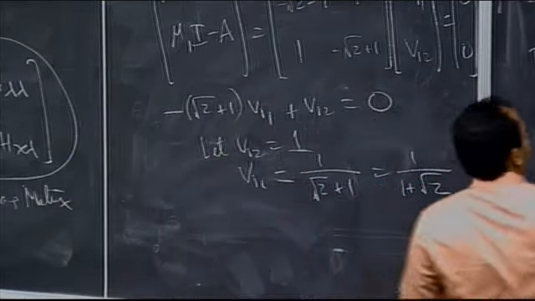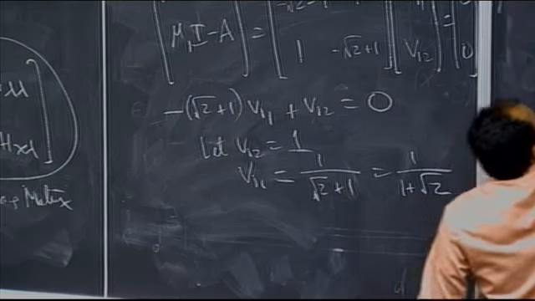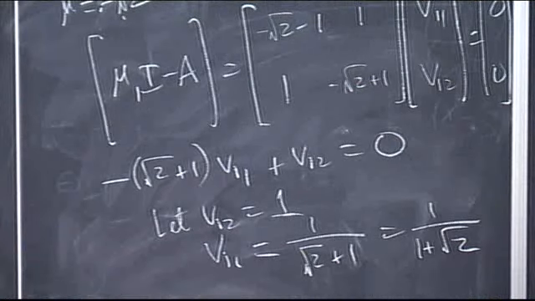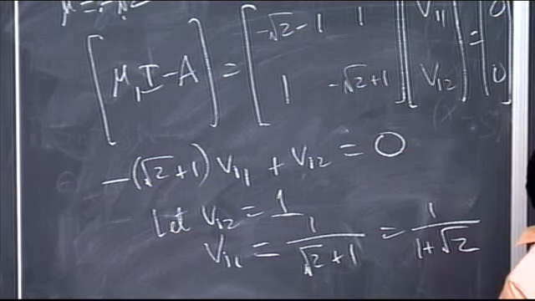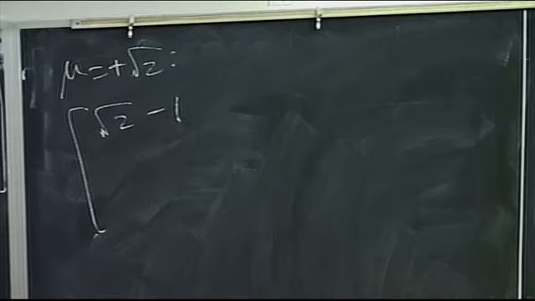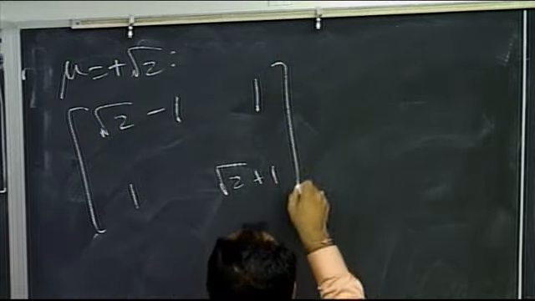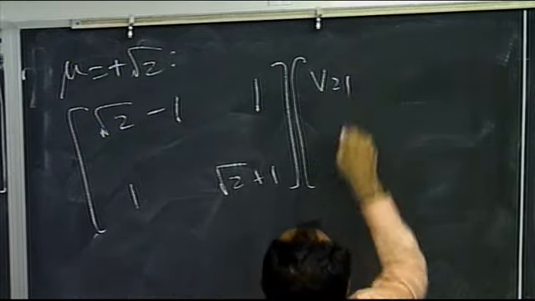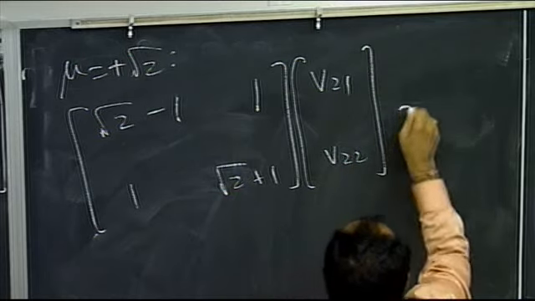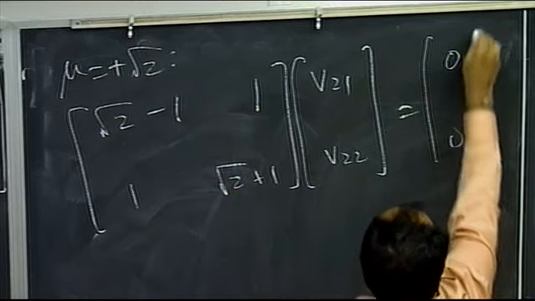What about the second eigenvector? Mu equals plus the square root of 2 gives me the square root of 2 minus 1, 1, 1, and the square root of 2 plus 1 times v21, v22 has to equal 0, 0.